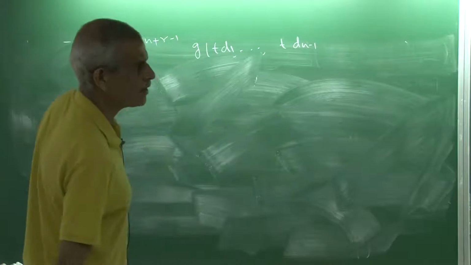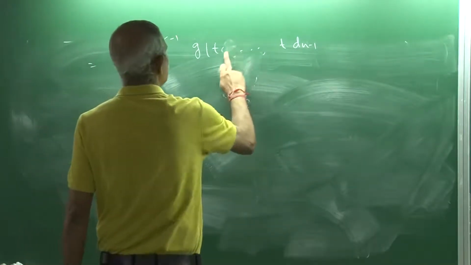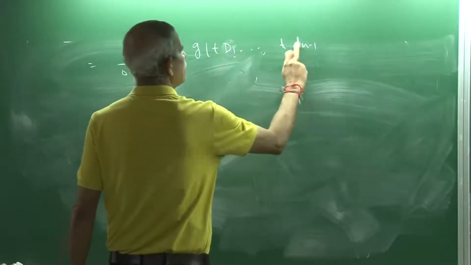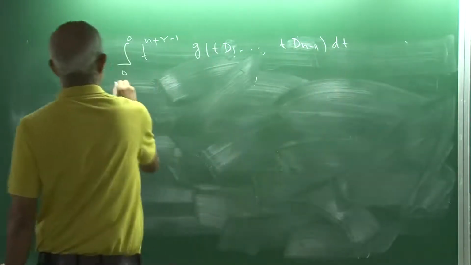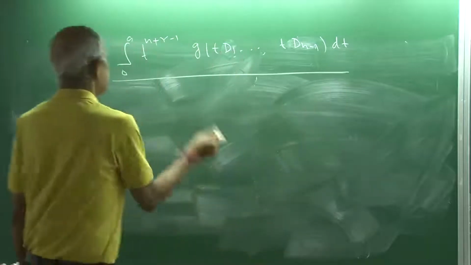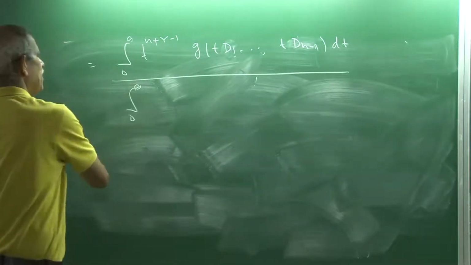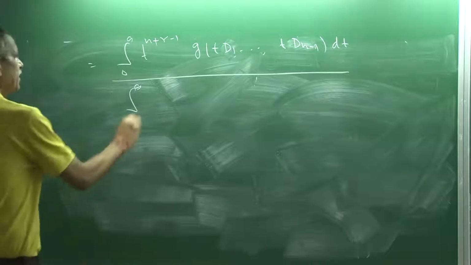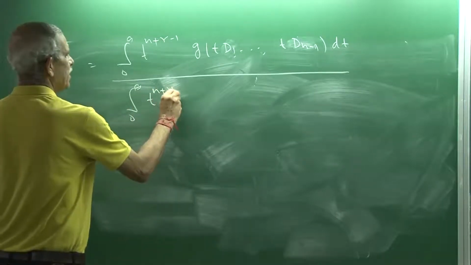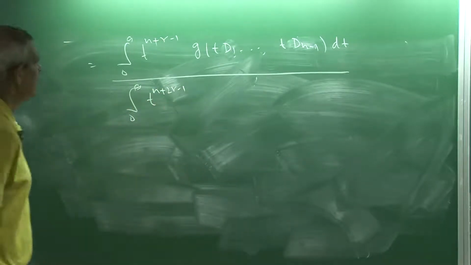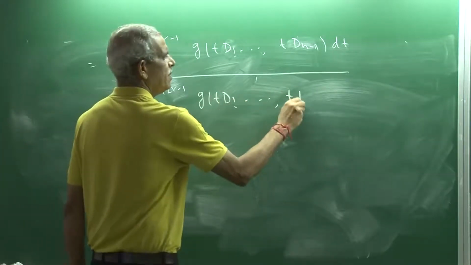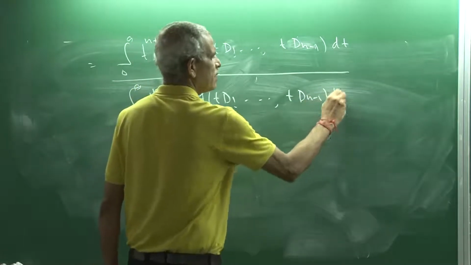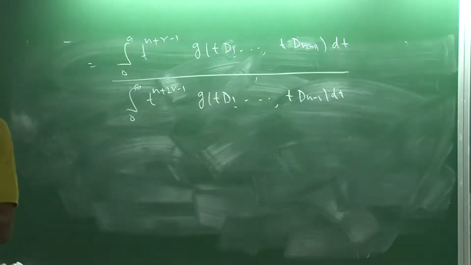If you are writing everything in terms of the random variable, it should be t d1, t d2, ..., t dn minus 1, dt. So, just reproducing the formula from the scale family, 0 to infinity t to the power n plus twice r minus 1, g of t d1, ..., t dn minus 1, dt.